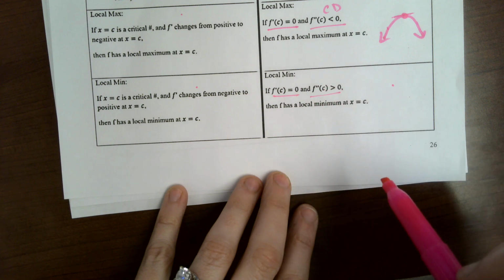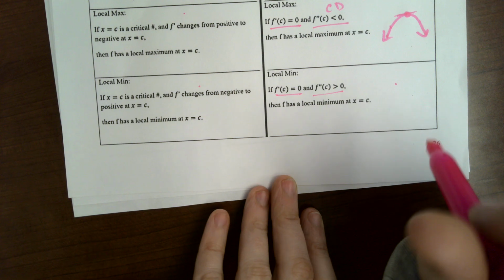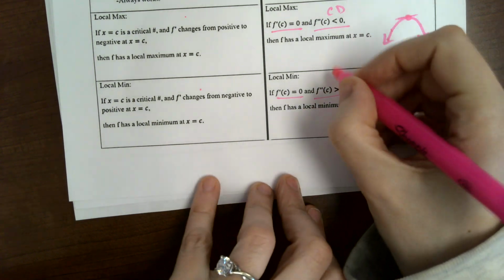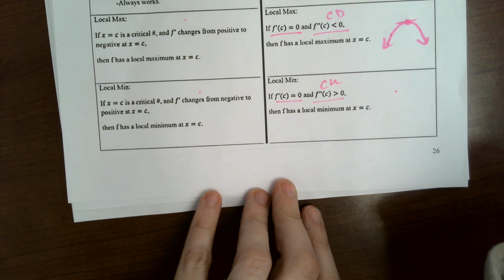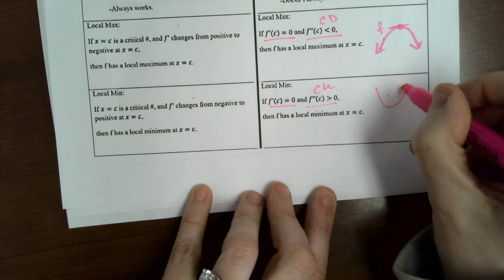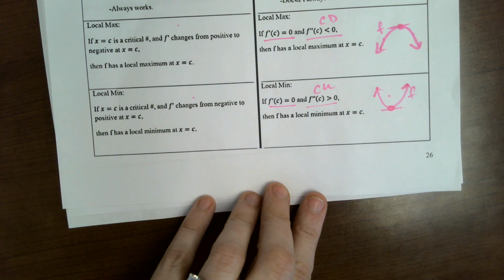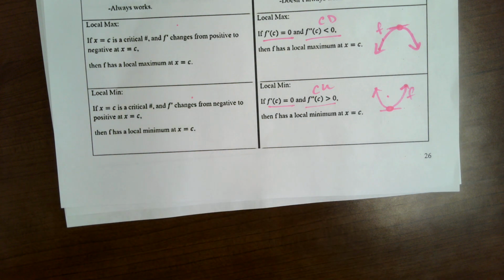F double prime of c being greater than 0 allows you to conclude concave up, so you know that f is looking something like that. Basically, that's how the second derivative test for extrema works: you use the second derivative to conclude something about the concavity, and if you have a horizontal tangent in addition to that, that's where you make your conclusion.